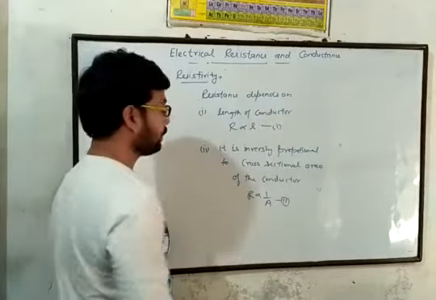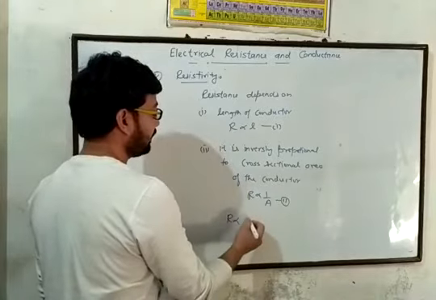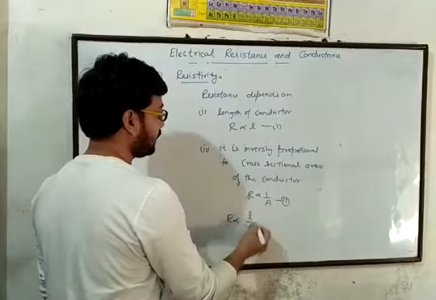By combining these equations, we get R proportional to L upon A.